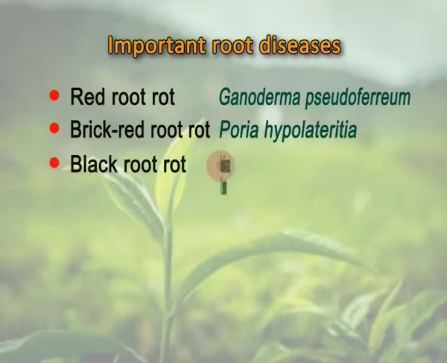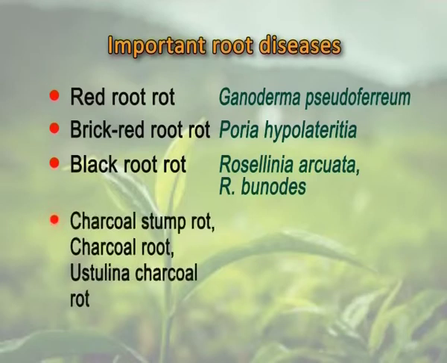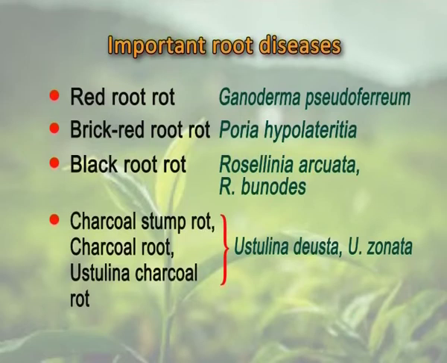Black root rot is caused by Rosellinia arcuata or Rosellinia bunodes. Charcoal stem rot or charcoal root rot is caused by Ustulina deusta and Ustulina zonata.